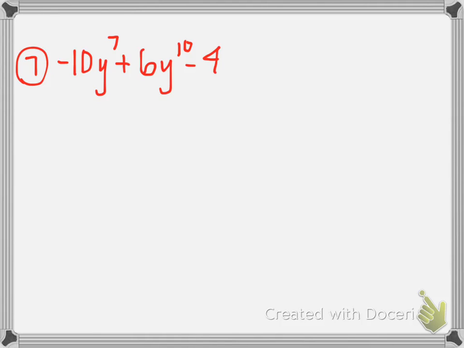So we don't have quadratics anymore. They're not just squares. Okay, they are factoring out a greatest common factor. So in number 7, we have negative 10y to the 7th plus 6y to the 10th minus 4y to the 10th x minus 8y to the 8th x.